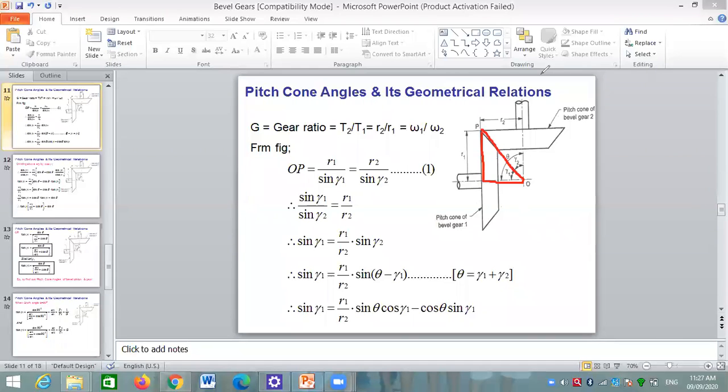And if we consider this upper triangle, OP is equal to R2 upon sine of gamma 2.